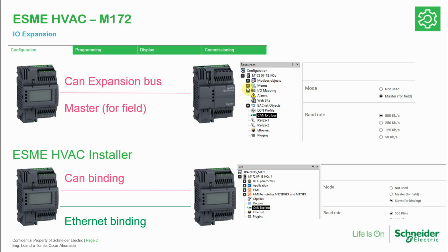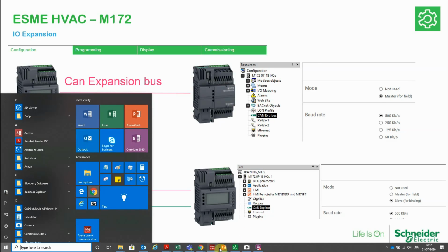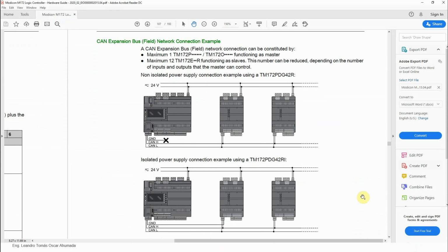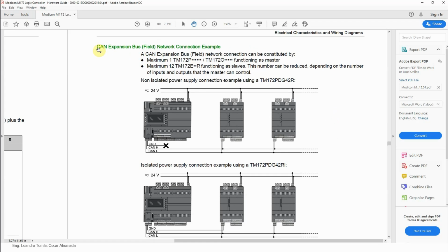So there is something that I didn't mention in the last part. That is how many modules we can connect to the PLC. If we go to the hardware manual, okay, expansion bus for field, we have maximum one PLC, which is this one in our case, the smaller one.